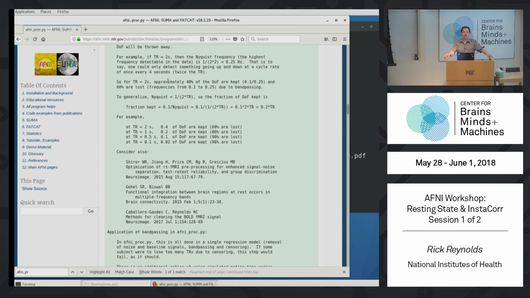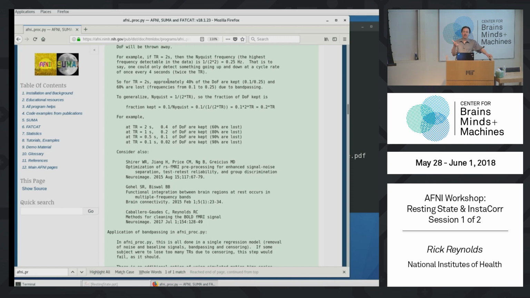But the basic thing is, if your TR is, say, 2 seconds, that's very common. That means the Nyquist frequency is 1 over 2 TR. So you can evaluate 1 sawtooth cycle every 4 seconds. Your TR is 2, that means you can measure an up and a down as the fastest cycle you can capture if that's a full cycle.